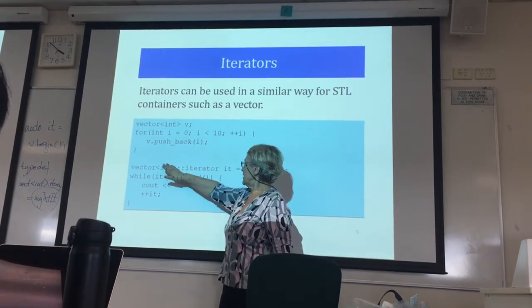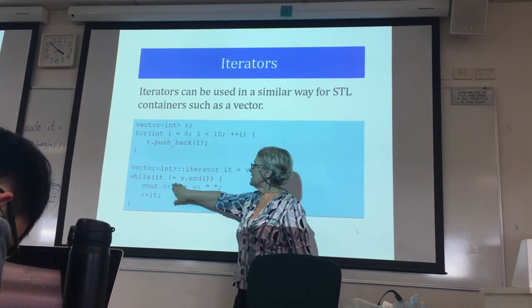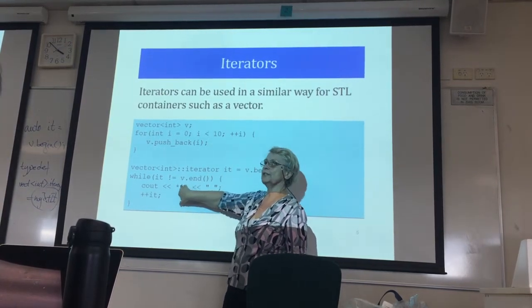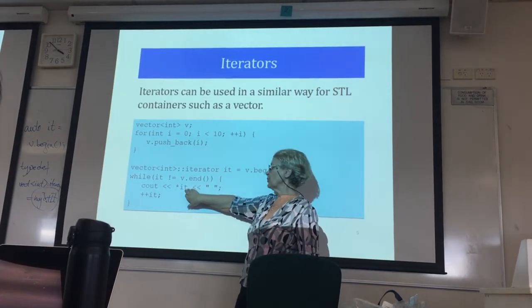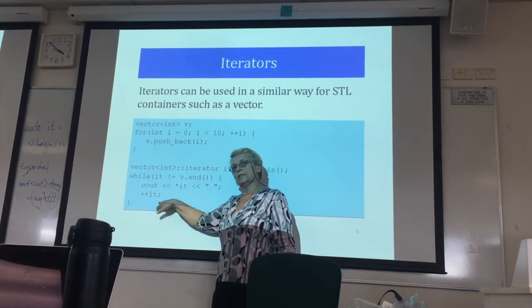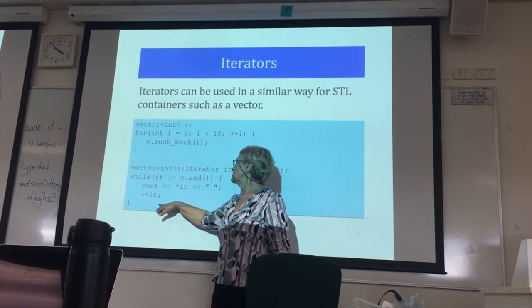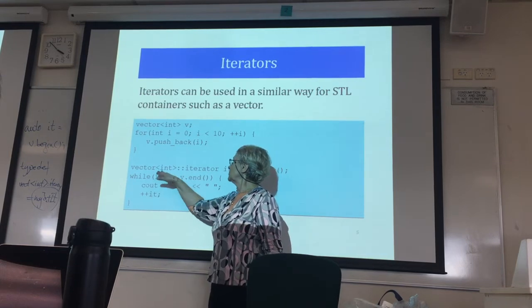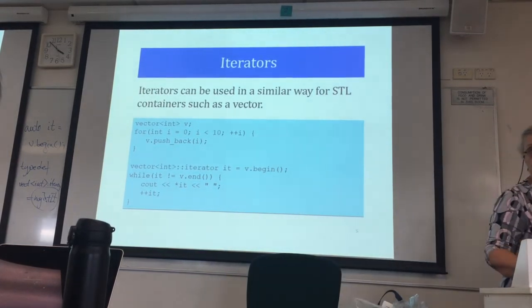As long as IT is not at the end, we display where IT points to, dereference your iterator, like for the pointers, and move to the next location. Okay. So this is typical way to use iterators.